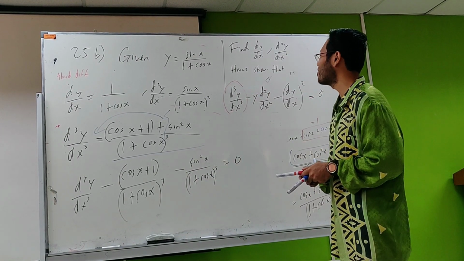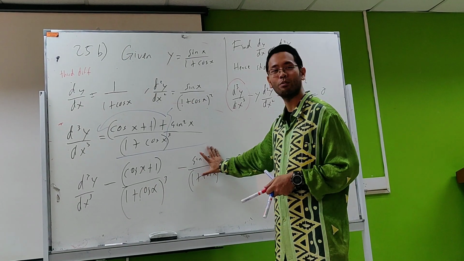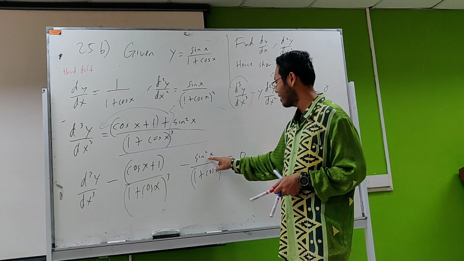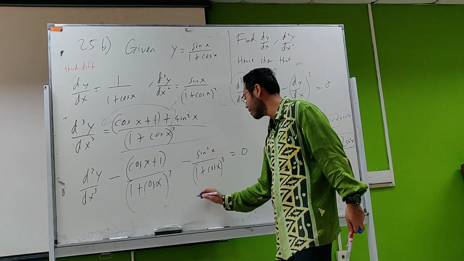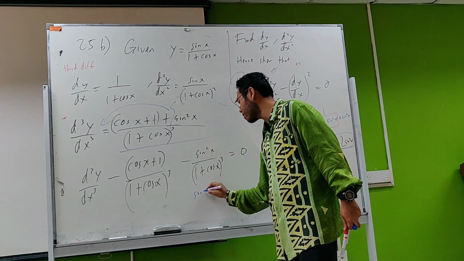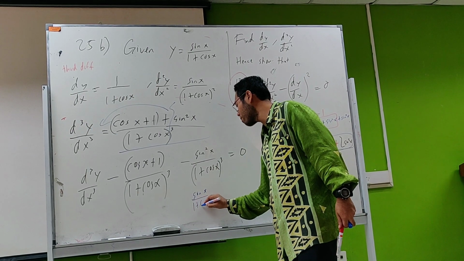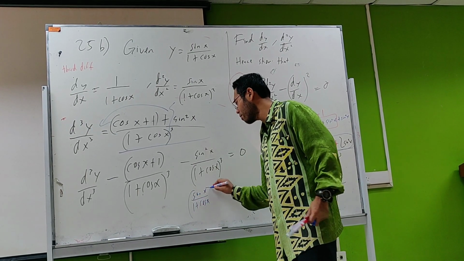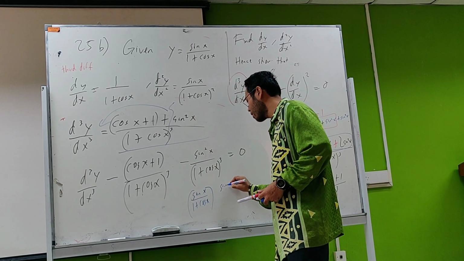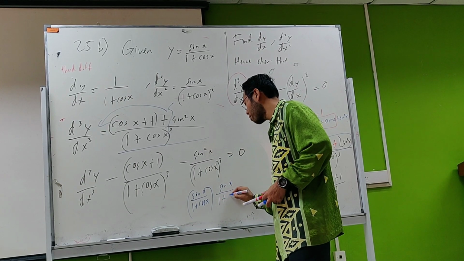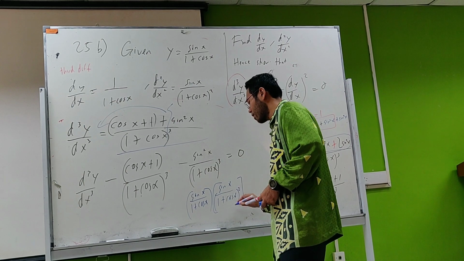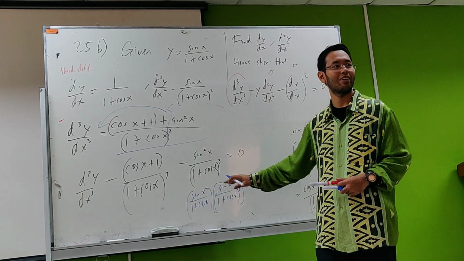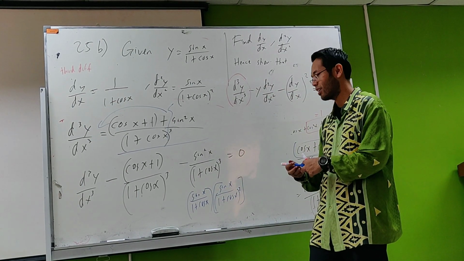Okay, now things are good. Let's try with what we have planned just now. This equation here, I can split it into two parts. I get sine x (1 plus cos x) multiplied with sine x (1 plus cos x) squared. Do you agree with me? I can split it into two parts.